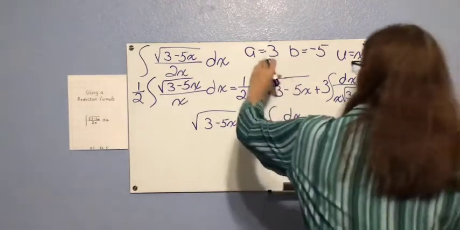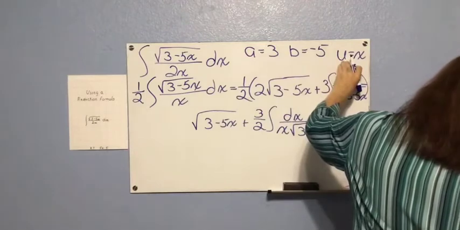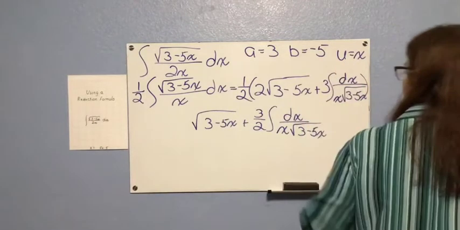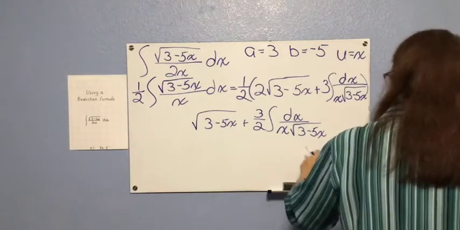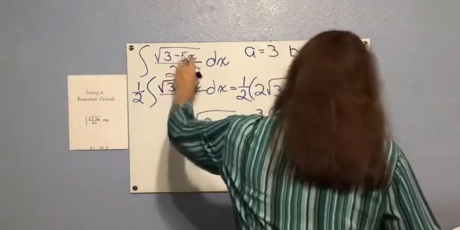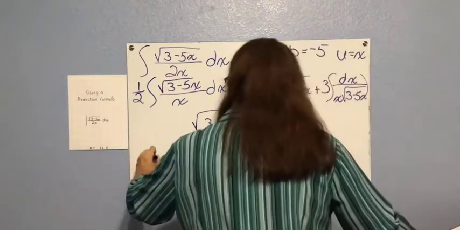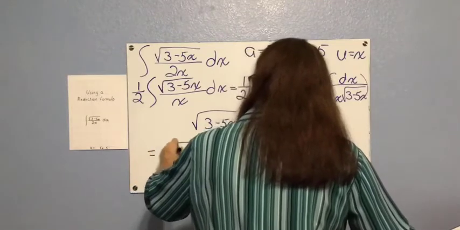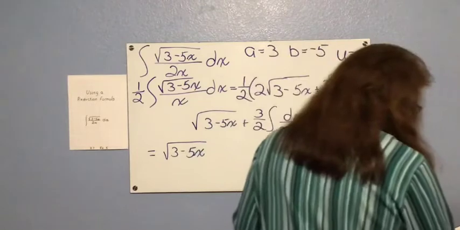Okay, we're going to continue with a equals 3, b equals -5, u equals x. But now apply formula 17. And so we're going to get our original integral is equal to square root of 3 minus 5x. We're not going to change that part.